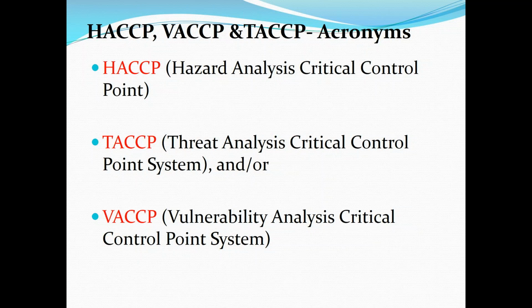I will try to explain the process and steps involved in developing the TACCP system. I will also explain how the current HACCP system can be effectively used to develop and implement the TACCP system, and how it can complement the current business risk management systems.